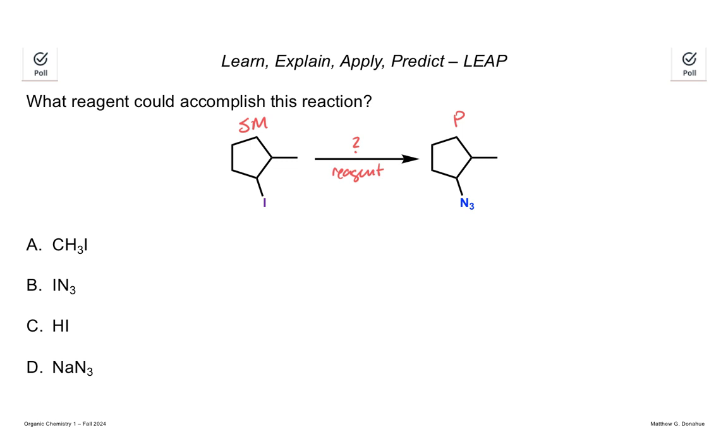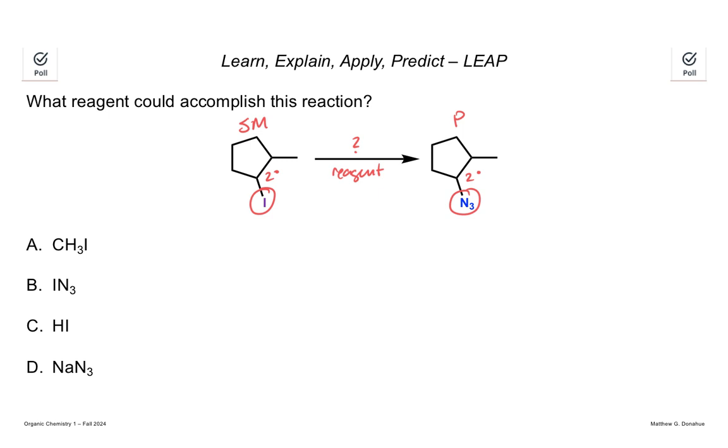So when you look at it, what's changing is the iodide is substituted for azide. So we have a secondary for both. And so really it's a substitution at that carbon, and we need to figure out what reagent is going to supply N3 to that.